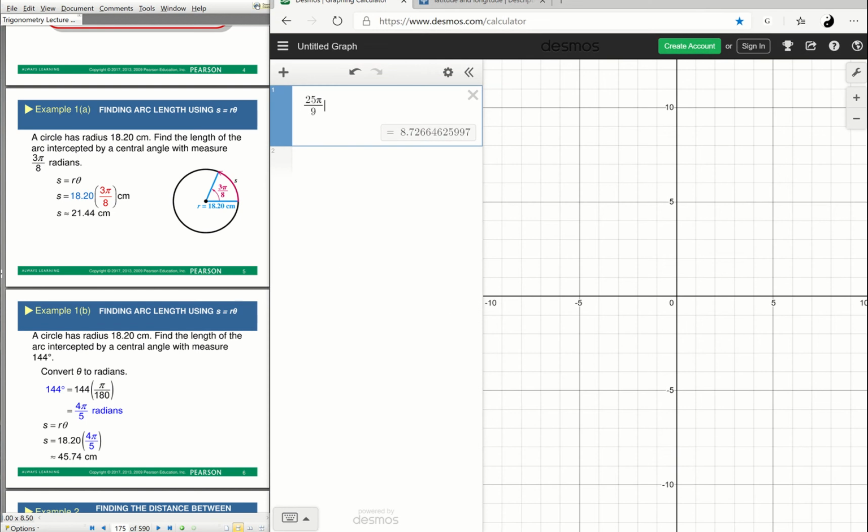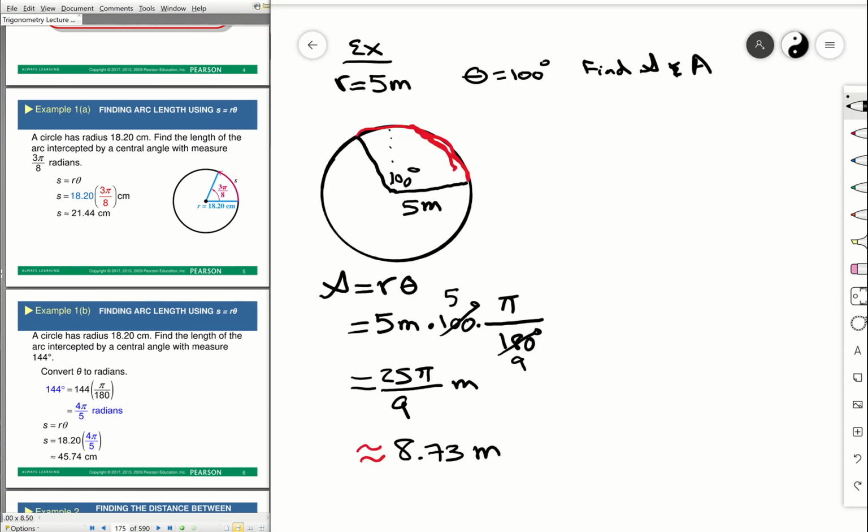Let's make sure of that. Yeah, that seems to be right. Okay. So there is the exact value and there is the approximate value for the arc length.